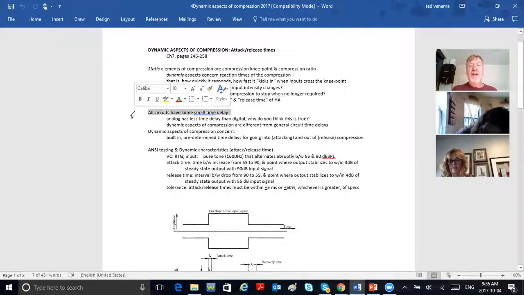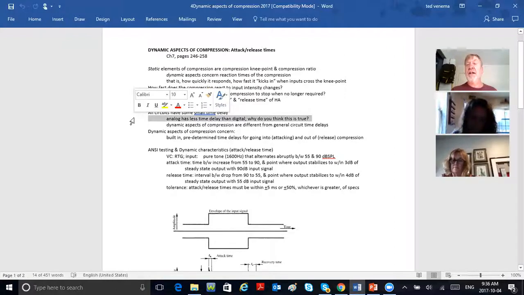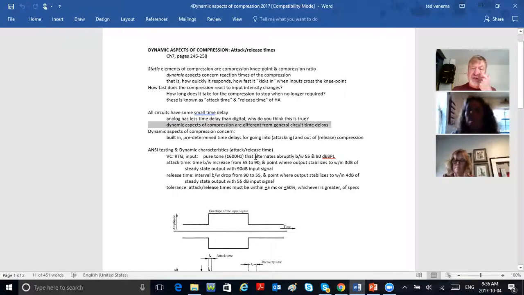All circuits have some small time delay. Analog circuits have less time delay than digital. Why do you think this might be true? Well, analog is just mic, amp, receiver. There's no software taking place, no software decisions. But dynamic aspects of compression are different from general circuit time delays.